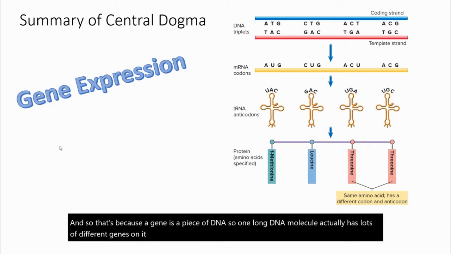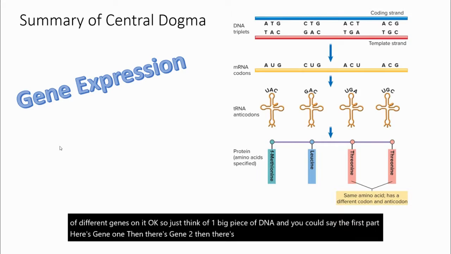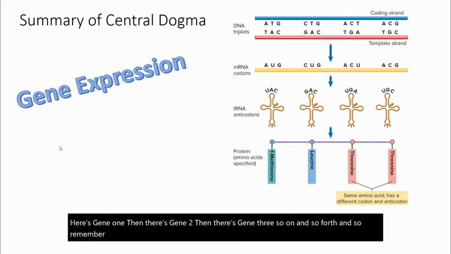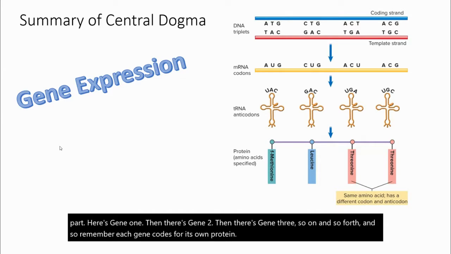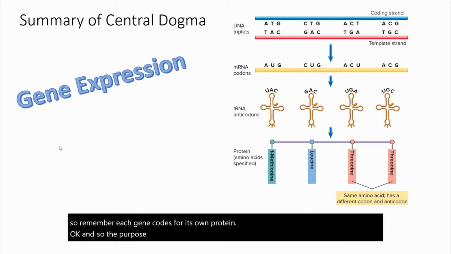So just think of one big piece of DNA, and you could say, here's gene 1, then there's gene 2, then gene 3, and so on. Remember, each gene codes for its own protein, and so the purpose of gene expression is to express the protein that the DNA gene codes for.